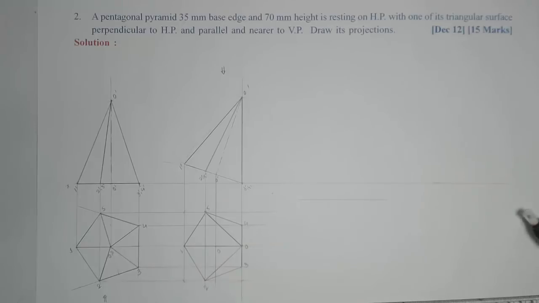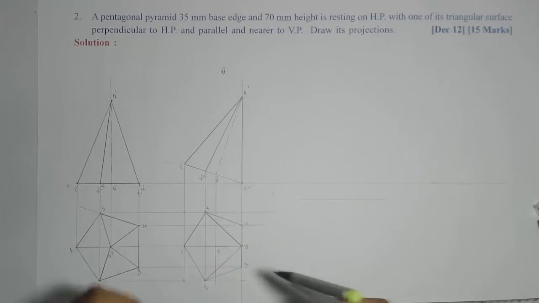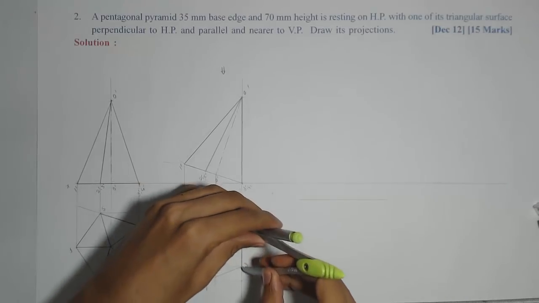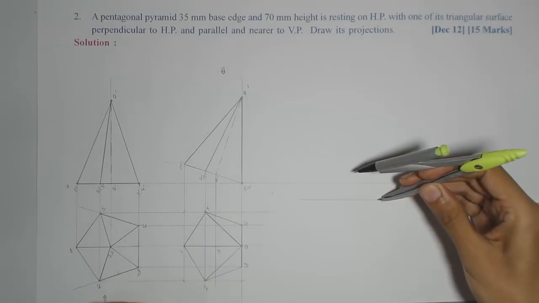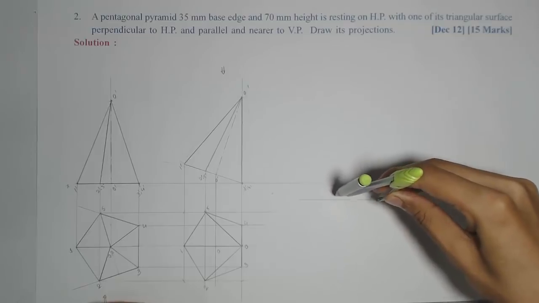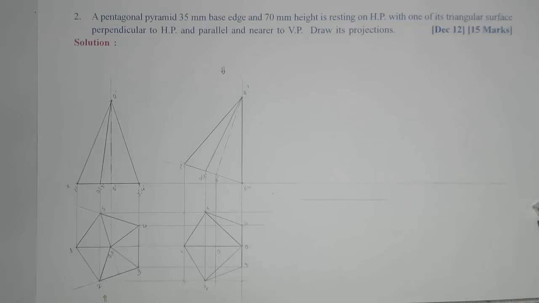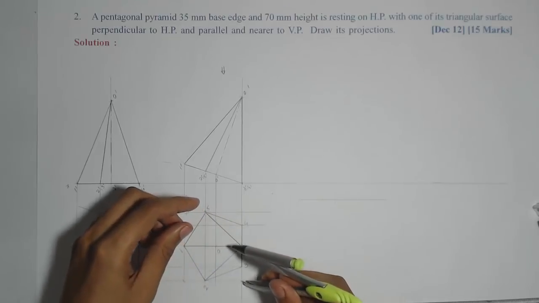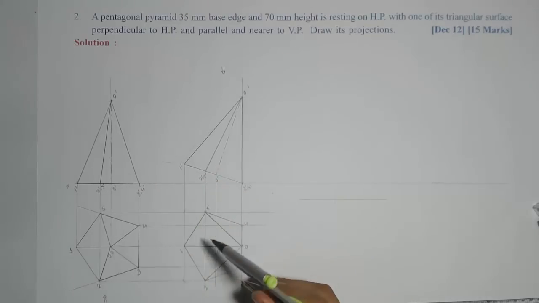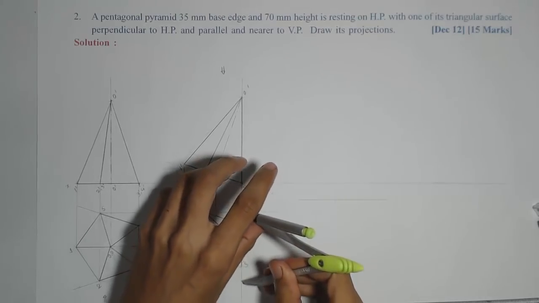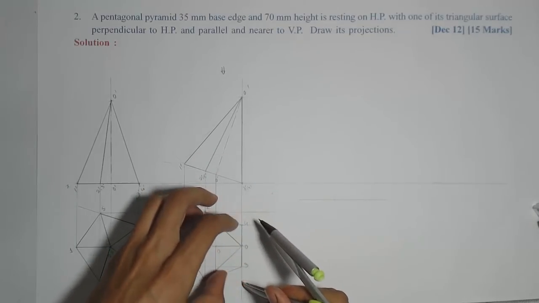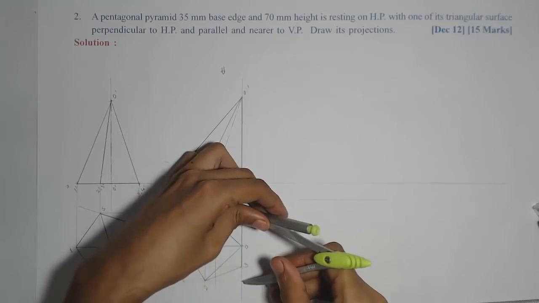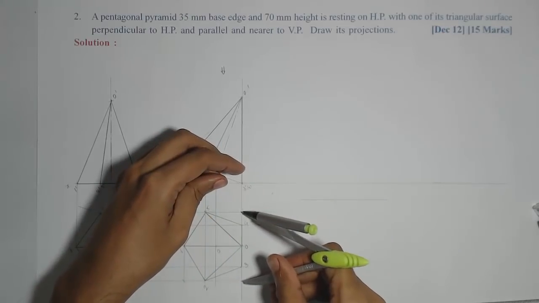And on that line I'll mark this much base edge 3 to 4. Initially we will take the entire rectangle, then we'll mark 3 and 4. But if I'm making this edge of the rectangle parallel, then obviously 3 and 4 will also become parallel. So first I'll make the rectangle.